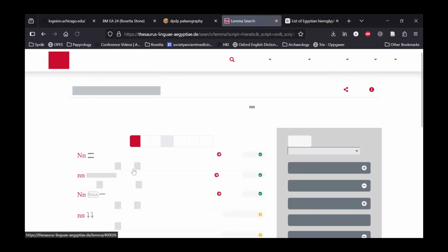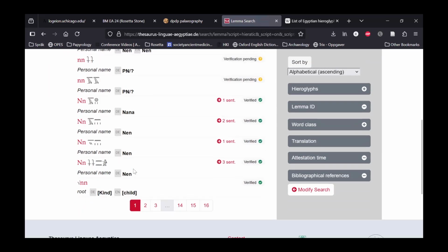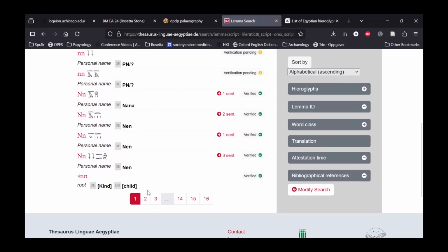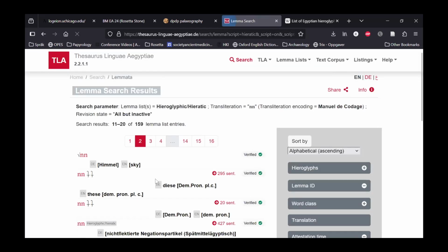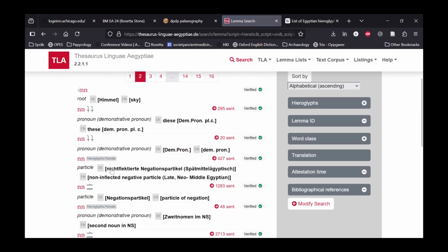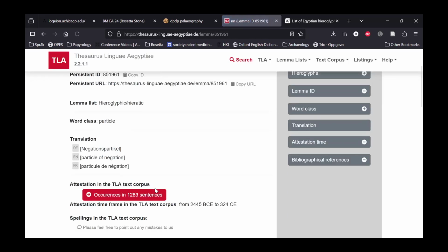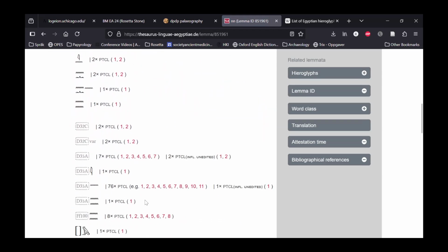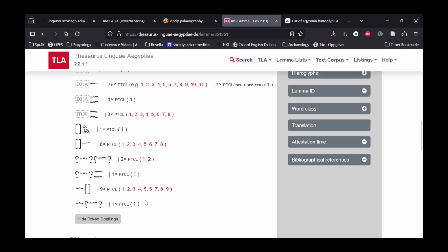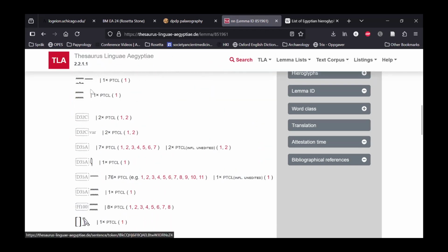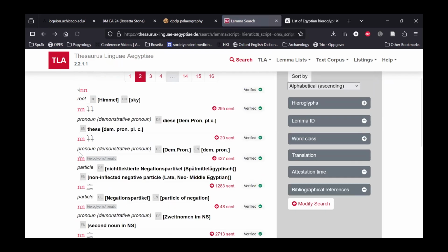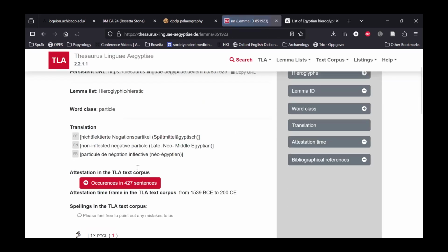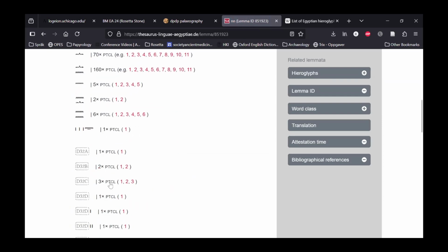Wait, maybe I went too fast. We're looking for the negation, right? Right, we're looking for the negation. This one, nicht flektierte. Okay, or this one. Let's see. But no strokes. No plural strokes. How would you write the opposite of when, like Imon?